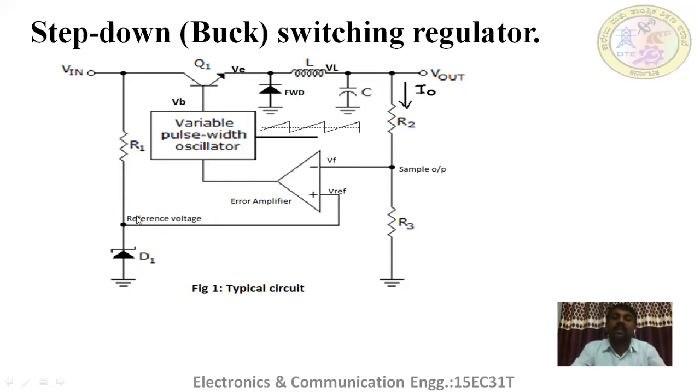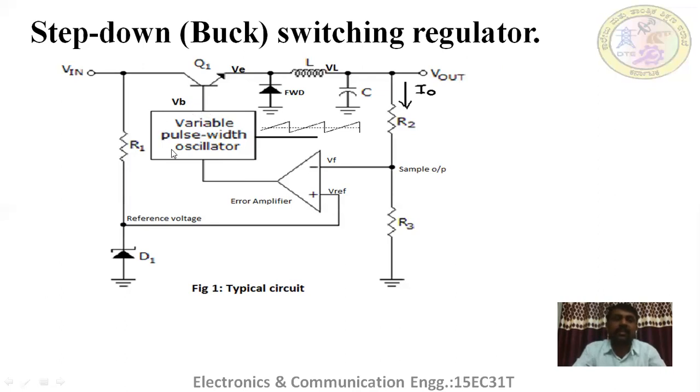Let me consider that the output voltage changes from the desired value. What happens? The change of output voltage is taken as a sample and compared with the reference voltage. The error amplifier generates the error signal that is proportional to the amount of change. This error signal is used as the key input or reference for the variable pulse width oscillator.